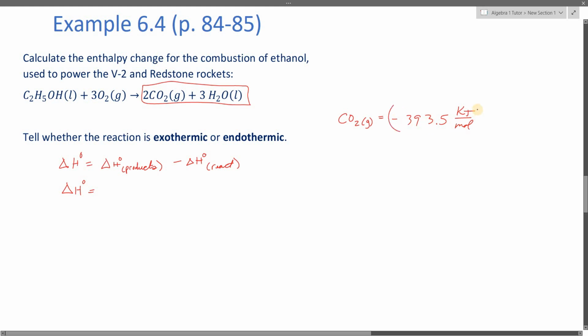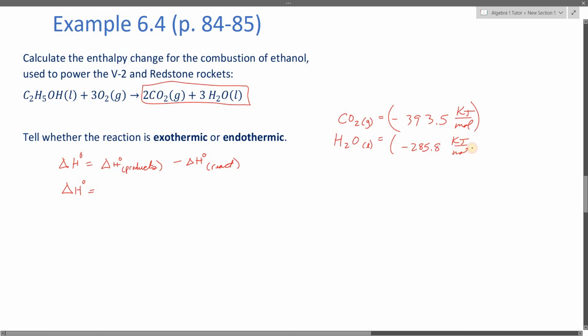That is my value for CO2. And then H2O in the liquid form, because of course water can be other states of matter as well, is going to be found near the bottom middle there, and it's liquid, so it's going to be negative 285.8 kilojoules per mole.